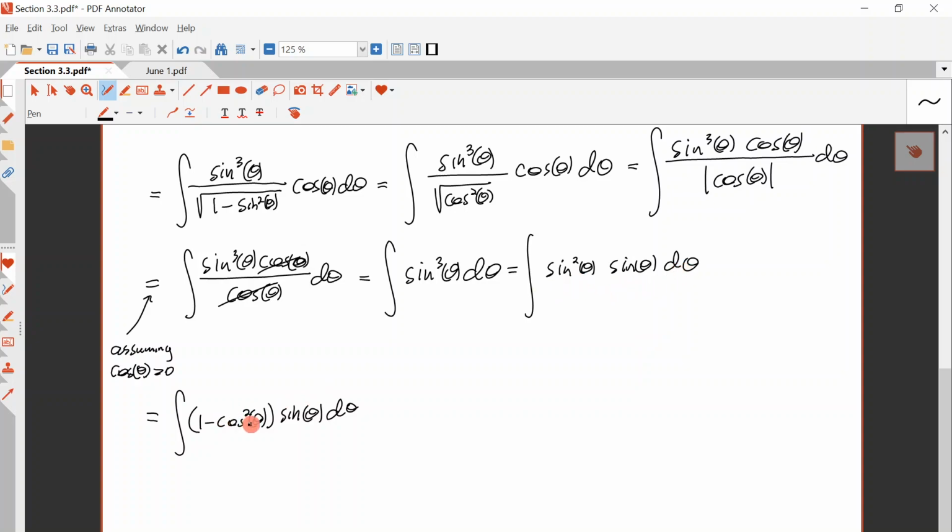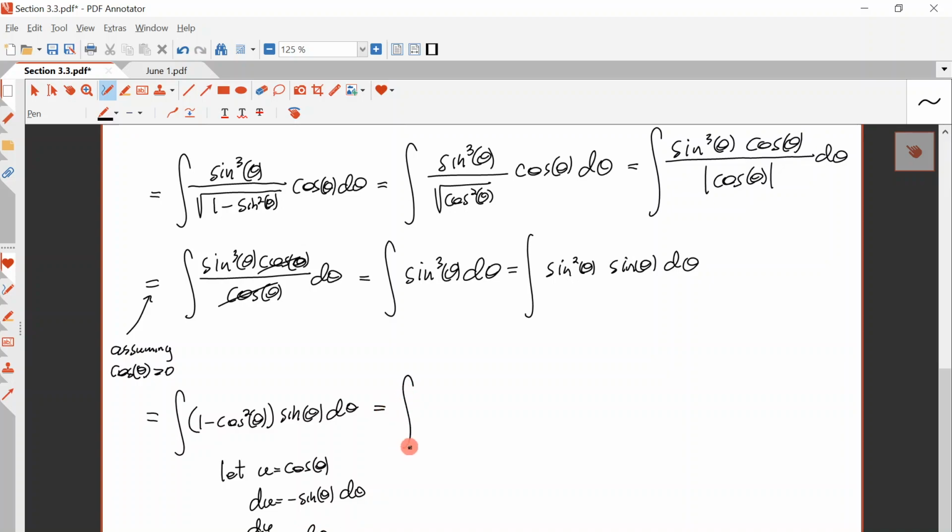So sine squared becomes 1 minus cosine squared. And now we're going to do a u substitution. So this is the second substitution. We're going to let u equal cosine theta. So du is minus sine of theta. So du over minus sine theta is d theta.